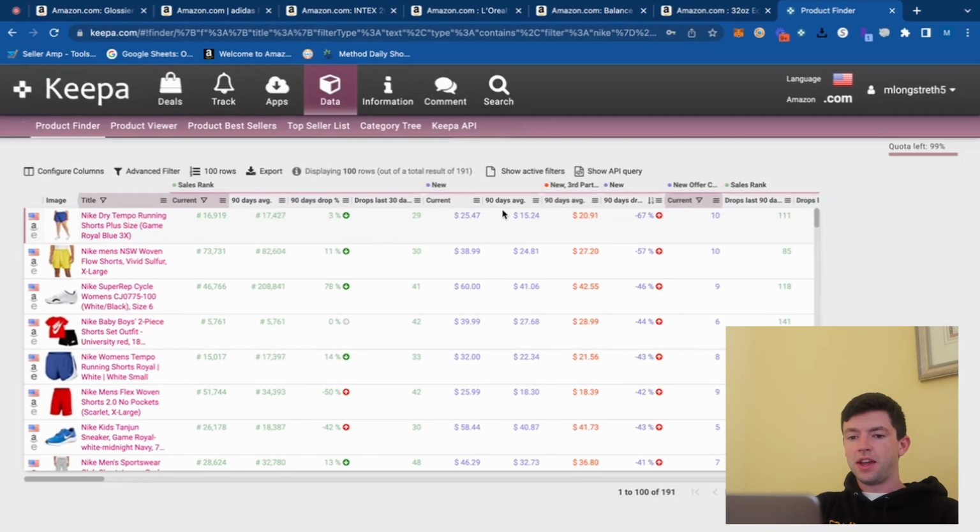Then we can look at the 90-day average compared to the current new price. Now I should probably switch this to BuyBox, but I didn't configure my columns. What we can see is that over the last 90 days this has increased 67%, from $15.24 all the way up to $25.47. This one's increased 57%, from $24.81 all the way up to $39.